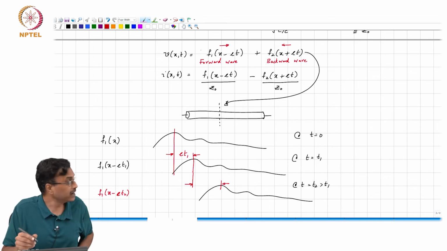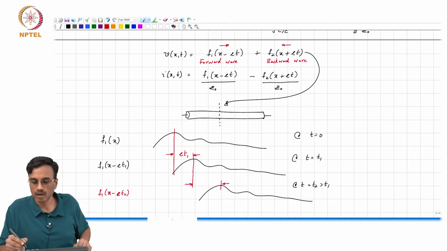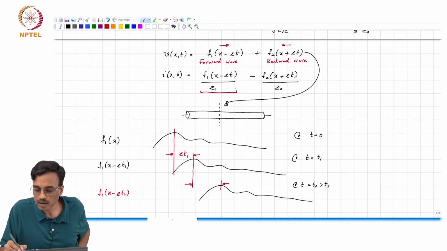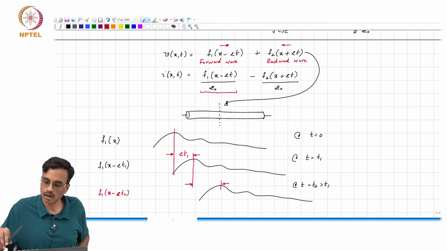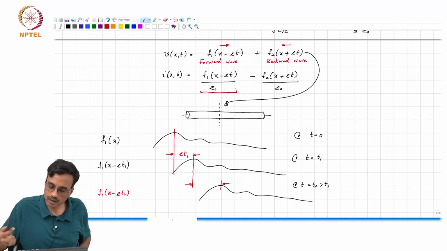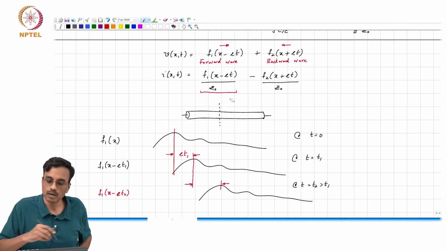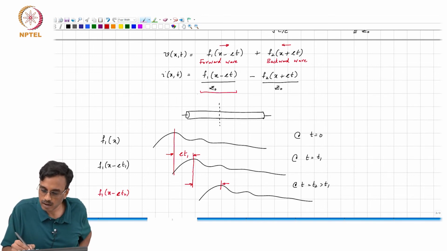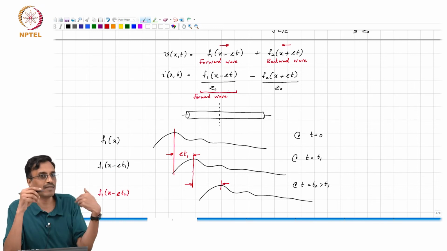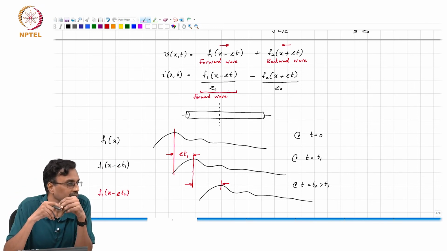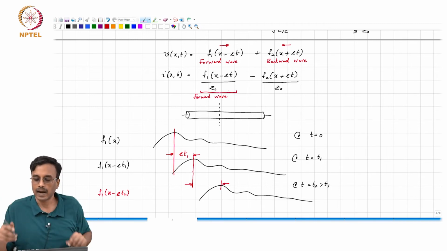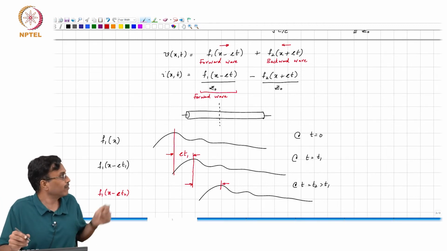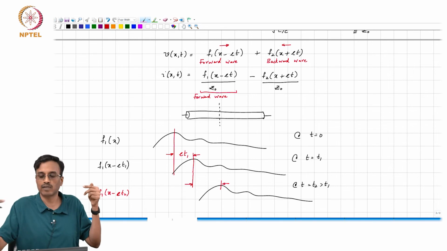And corresponding to the forward voltage wave, we also have, what does that represent? We have a forward current wave, which is simply the voltage wave divided by an impedance, right, and the forward wave is going this way, the reverse wave or the backward wave is going that way.